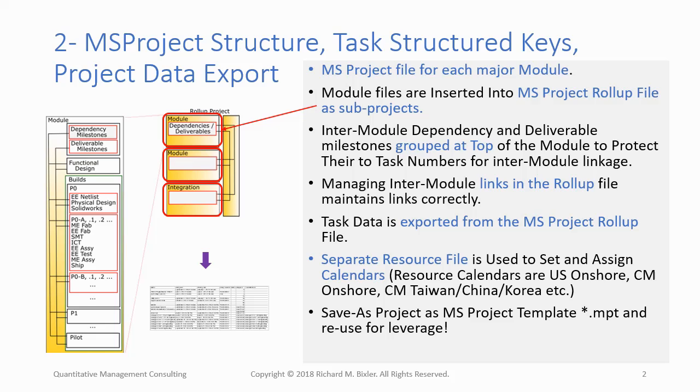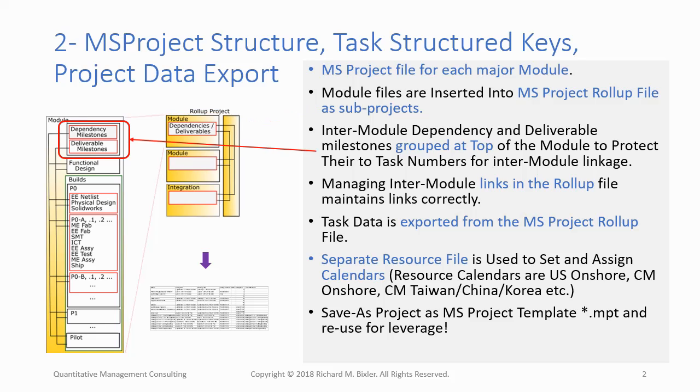Links among the GANTTs contained in these files will be created and managed in this roll-up file, and task data for the program as a whole will be exported from this master roll-up file. This example calls the roll-up file projectfilename.mpp. You should name the file as appropriate for your project, but please include the string rollup in the name in order to use the VBA code for export with your file that will be shown shortly.